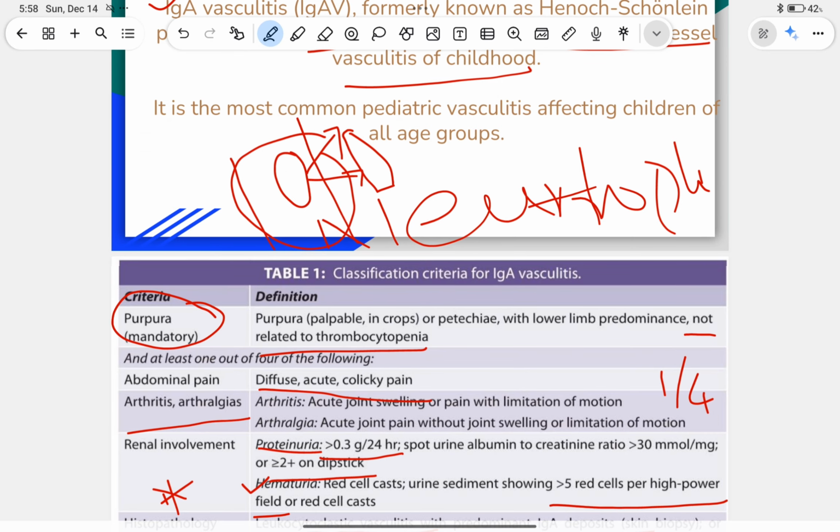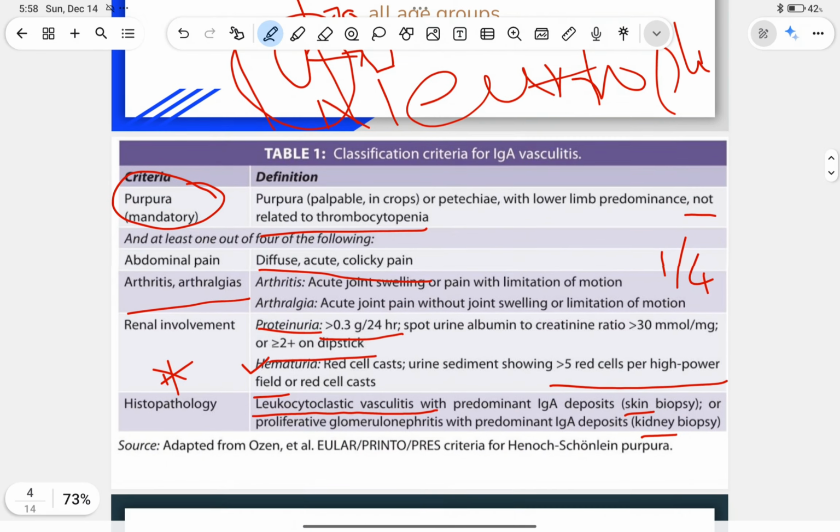Because of excessive enzymes here, there is digestion of the neutrophil by itself that causes fragmentation of neutrophils. Those neutrophil fragments are called leukocytoclast. So because of leukocytoclast formation, we call it leukocytoclastic vasculitis. Very, very important for you. Leukocytoclastic vasculitis with IgA deposits.